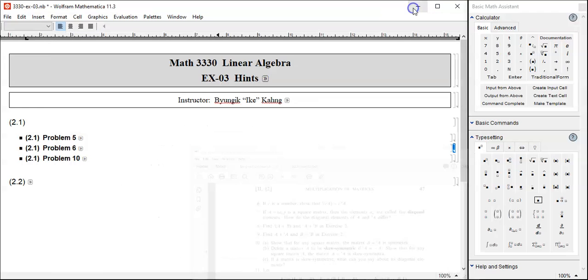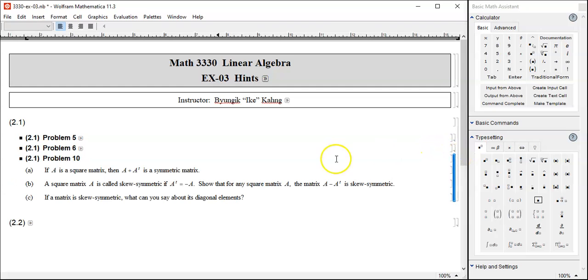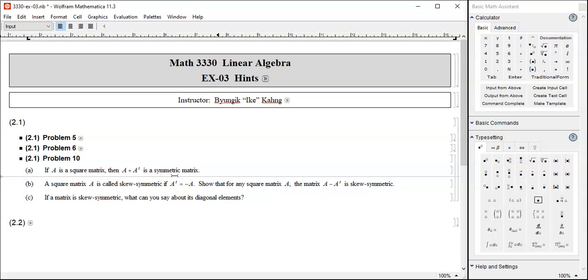Let's go to my notebook again and open up. This is what we have to do. If A is a square matrix, then A plus A transpose is a square matrix as well. Excuse me, it's of course a square matrix. It's a symmetric matrix. What do we mean by a symmetric matrix?